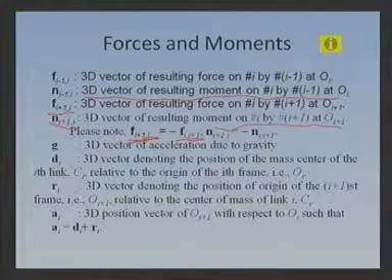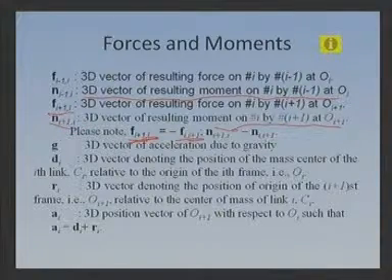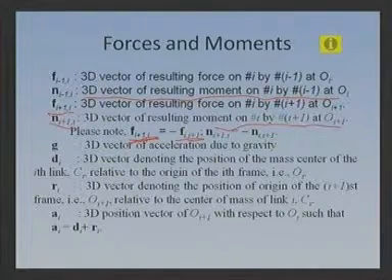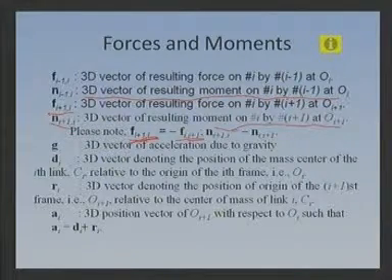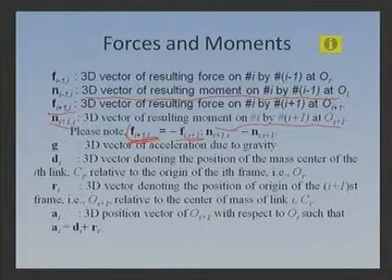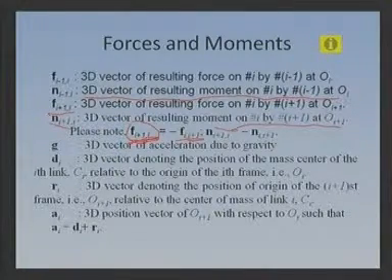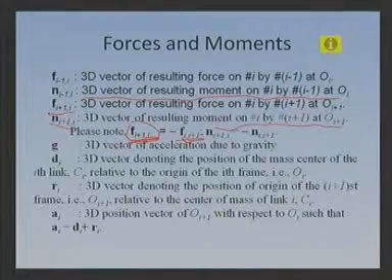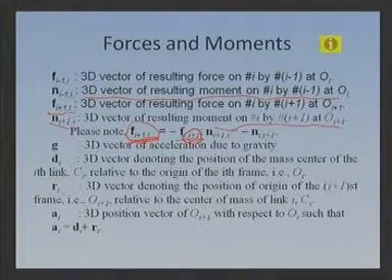The action and reactions are the same. If the I plus first body is applying this much force, given by f I plus 1 comma I, then the force applied by the ith body to the I plus first body should be the negative of that one.